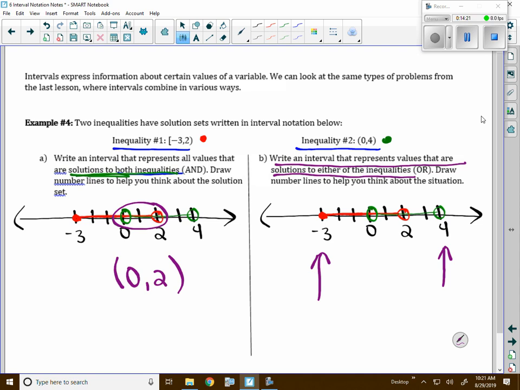But what you have to be careful about is the endpoints. Here at negative 3, we're going to use a bracket because it's a closed circle. But over here at 4, it's an open circle, so we're going to use a parenthesis. So the difference between "and" and "or" is "and" is an overlapping region, "or" includes everything that you drew on that number line.